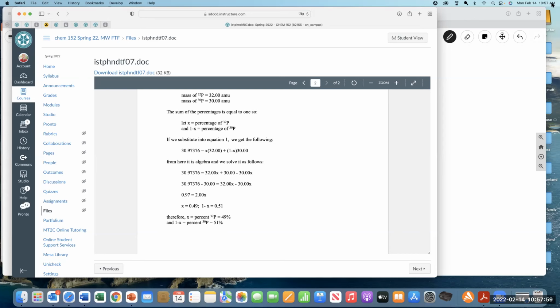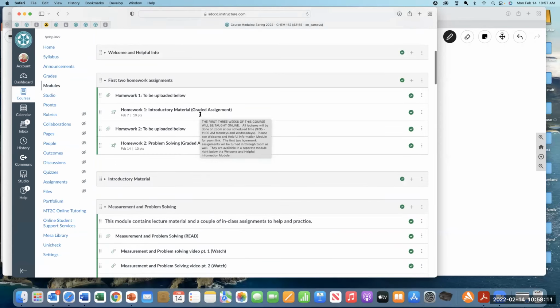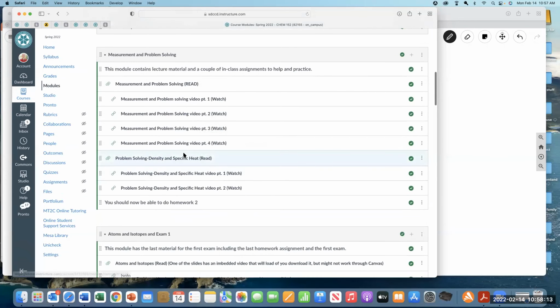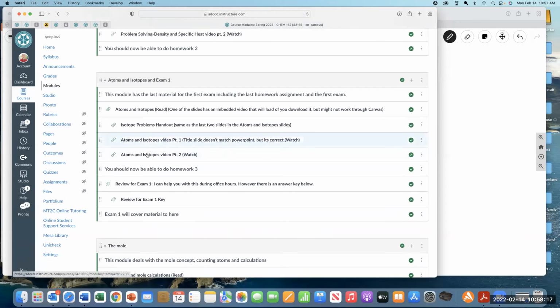And that's one of the handouts. And actually, we got through all the material. So this is all of the material. Let me go back to modules. Just to show you where that was. It was way down here. Where's the isotope problems handout? See that?